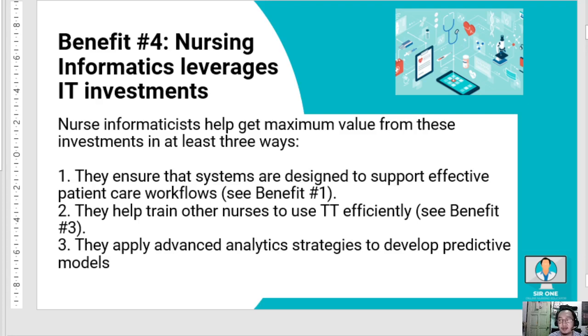So it means that you are going to apply the concept of analysis in terms of your workflow in the actual setting and in what is written in your manuals. For example, what is written in your standard operating procedures, you are going to translate into digital format.